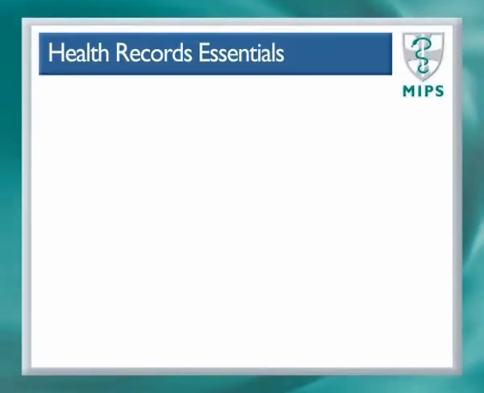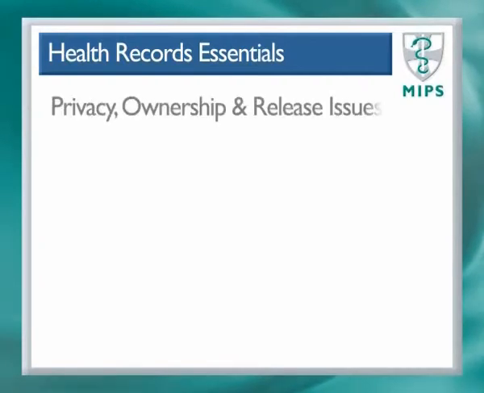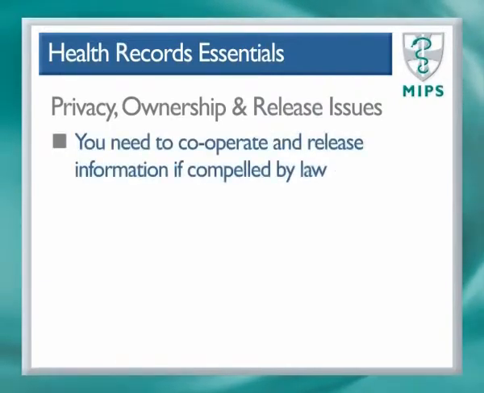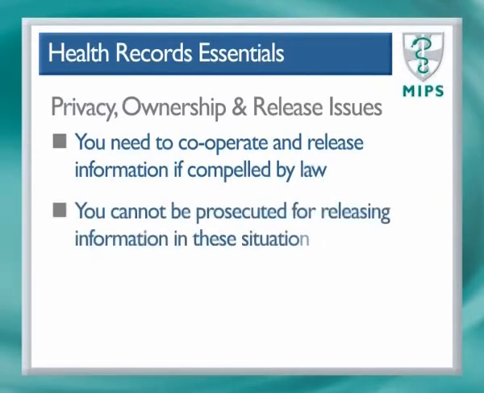Privacy, ownership and release issues. Release of information without the patient's consent. You need to cooperate and release information if compelled by law. Examples include the coroner, Centrelink and the Department of Community Services. You cannot be prosecuted for releasing information in these situations.